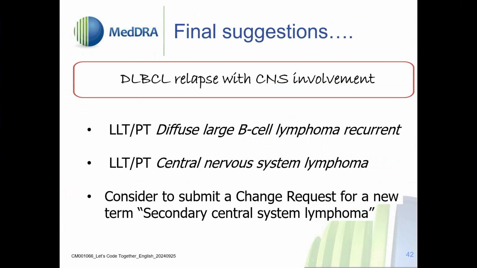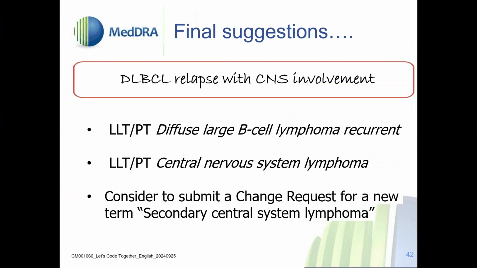Yes, in oncology, relapse and recurrence are often used synonymously, and with CNS involvement it really means the relapse manifests as a CNS involvement.